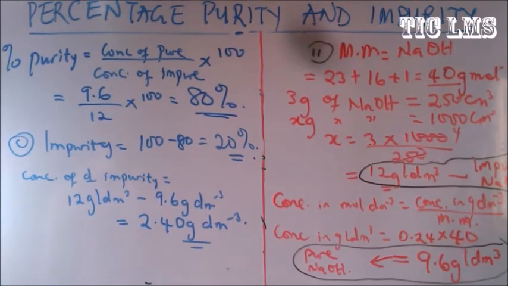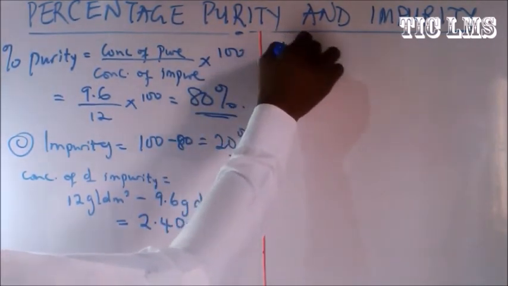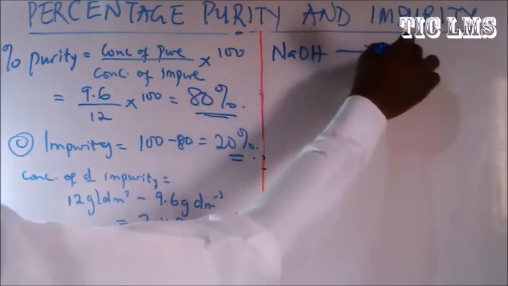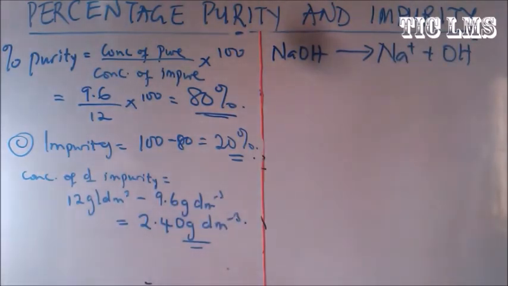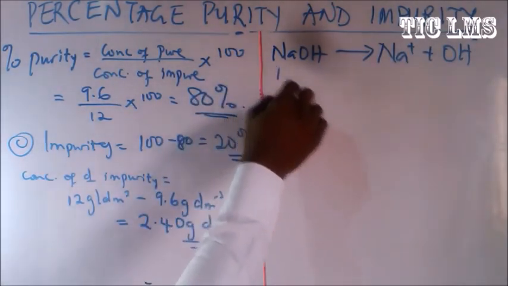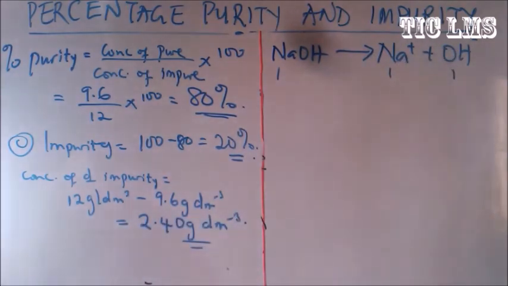Last part of the question says, what is the number of moles of hydroxyl ions present in the pure sodium hydroxide that reacted? Alright, so for us to get the number of moles of hydroxyl ion present in the pure sodium hydroxide, we first need to understand that sodium hydroxide, when it dissociates, is Na plus OH minus, and that means we have 1 mole of sodium hydroxide producing 1 mole of sodium ion and 1 mole of hydroxyl ion.